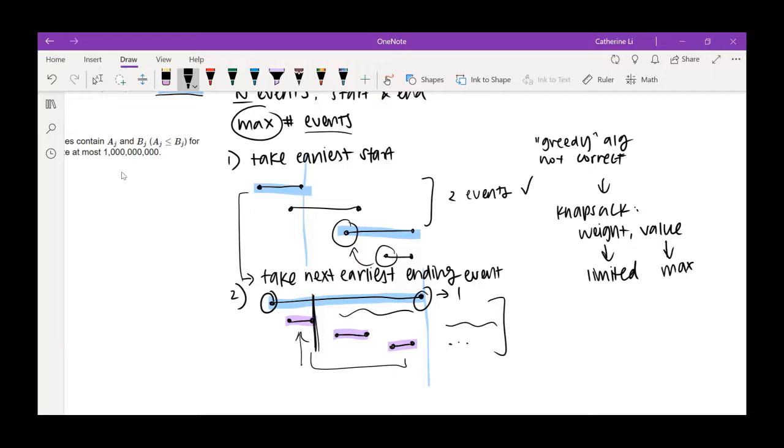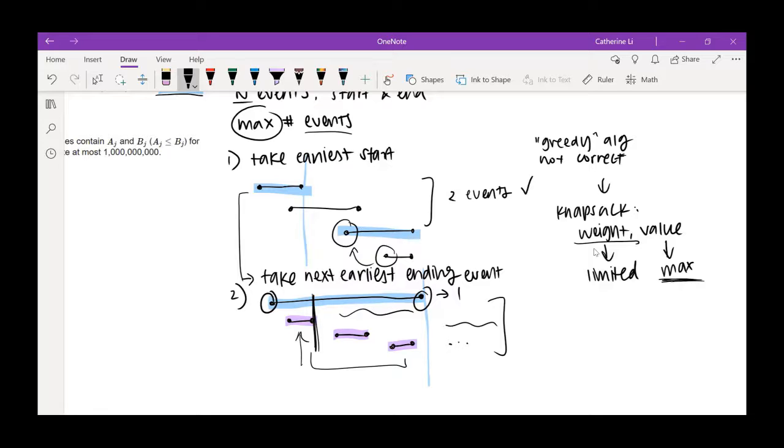If we were to try to formulate a greedy algorithm for this scenario, we're trying to maximize the total value. So if we just take all of the items that have the biggest values, they might also have really big weights and not leave enough room for any other items, which would be a problem.